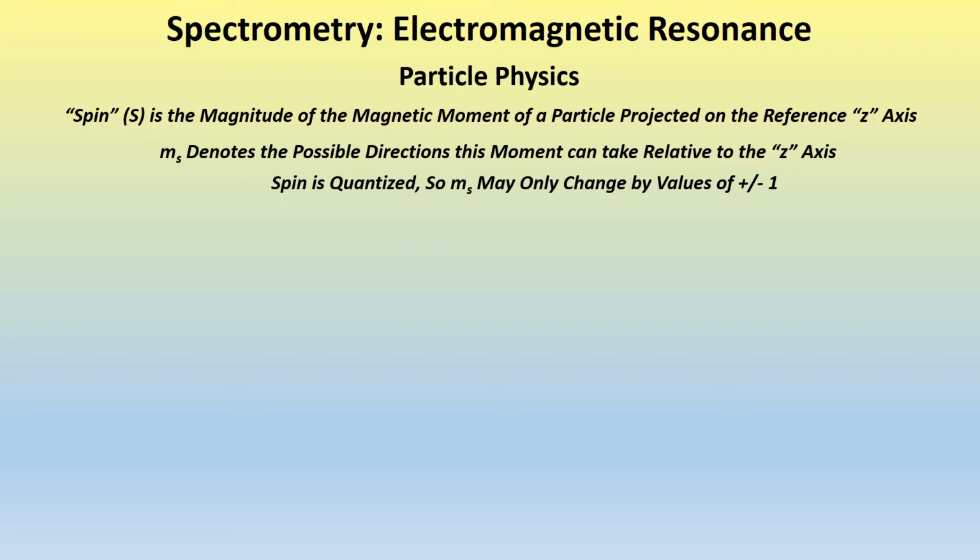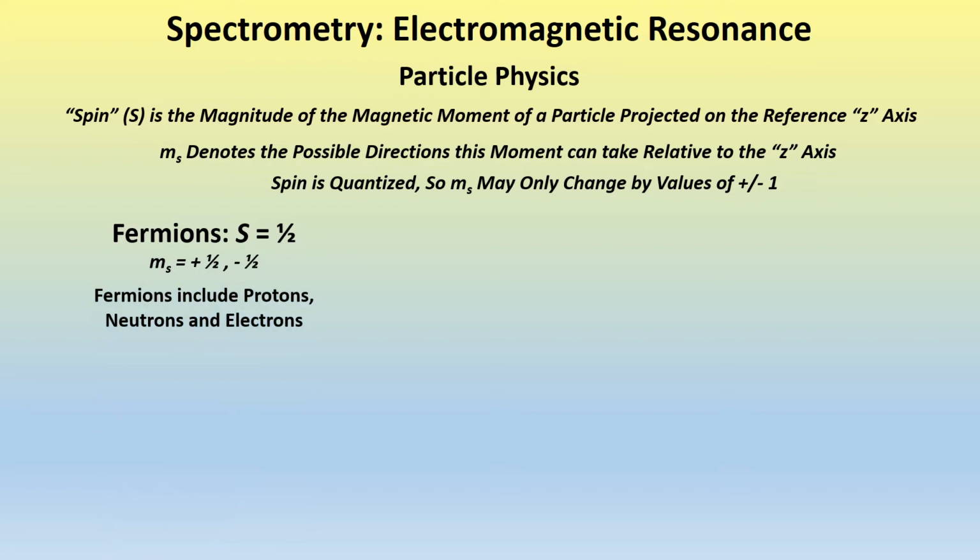There are two types of spin particles. Fermions, which follow Fermi-Dirac statistics, have a spin of 1/2, and an M sub S allowed of plus 1/2 or minus 1/2. They include protons, neutrons, and electrons. As you can see, a spin of 1/2 means the projection goes 1/2 up the z-axis.